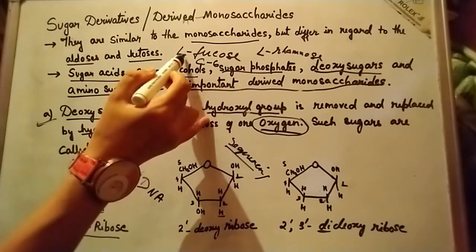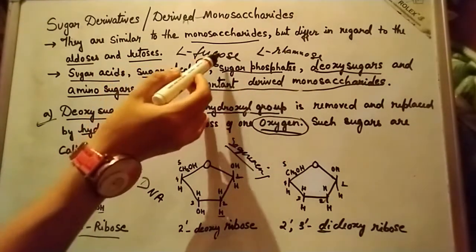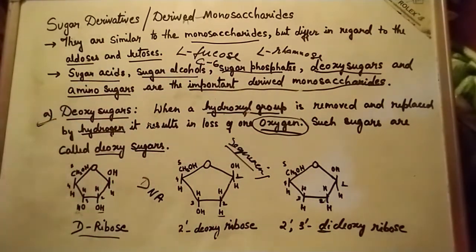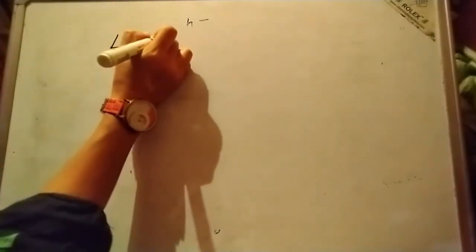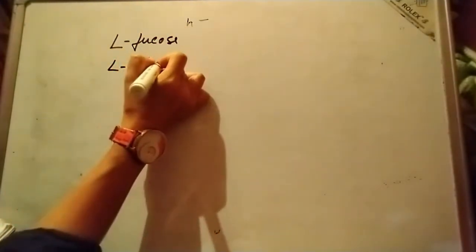From L-galactose and L-mannose respectively, we will get these two molecules. So other examples of sugar derivatives, that is deoxy sugars, are L-fucose and L-rhamnose.